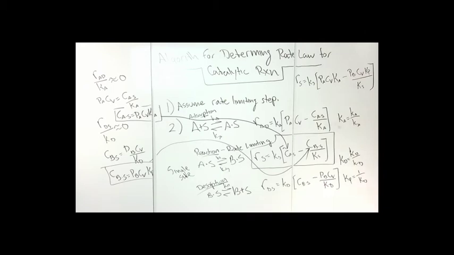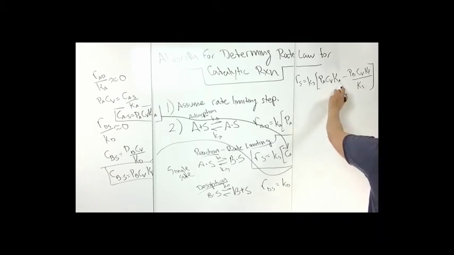So I'm going to erase some stuff real quick, and then I want to show you. We want to manipulate this a little bit because we want to get PA and PB by themselves. So basically we want to pull KA out and combine all of our constants into one constant, simplifying this equation a little bit. So we can pull out Ka.